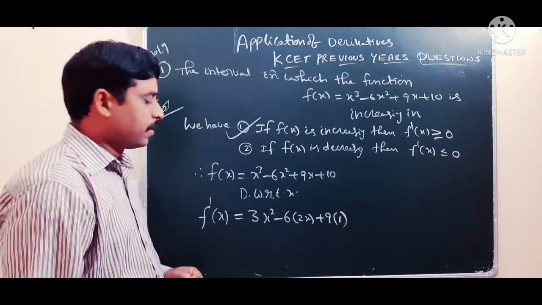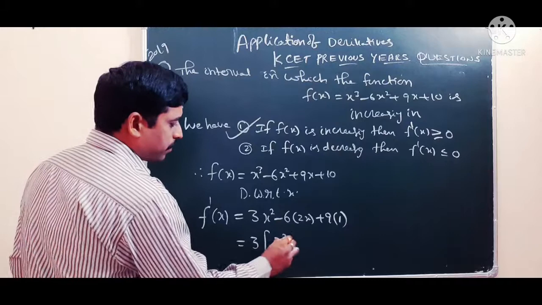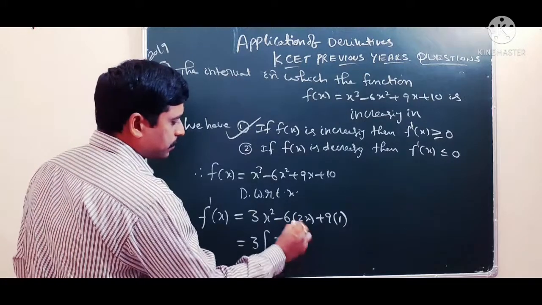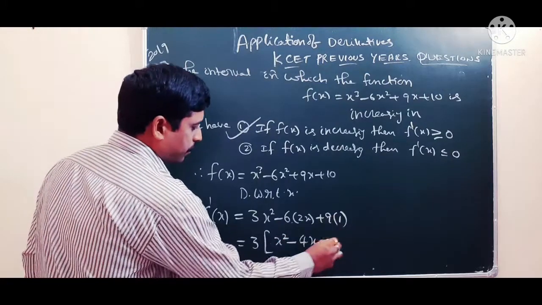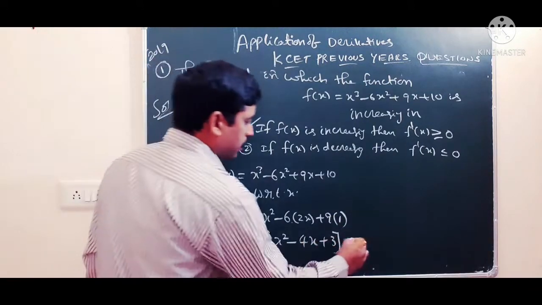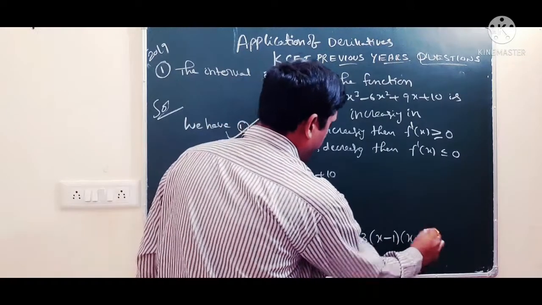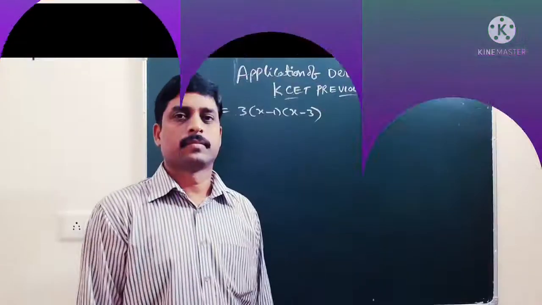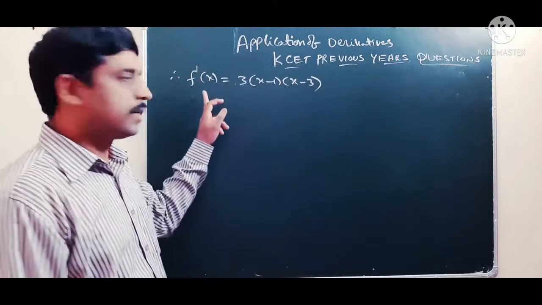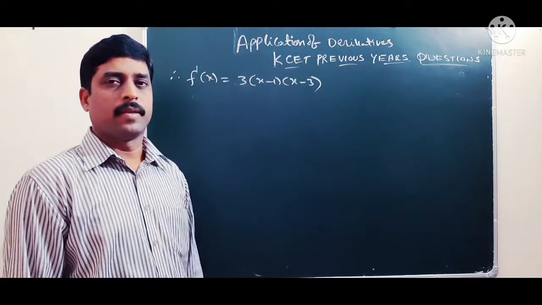In this, take 3 out common: x square minus 4x plus 3. These factors are 3 times of x minus 1 into x minus 3. We got f dash x value as 3 times of x minus 1 into x minus 3.